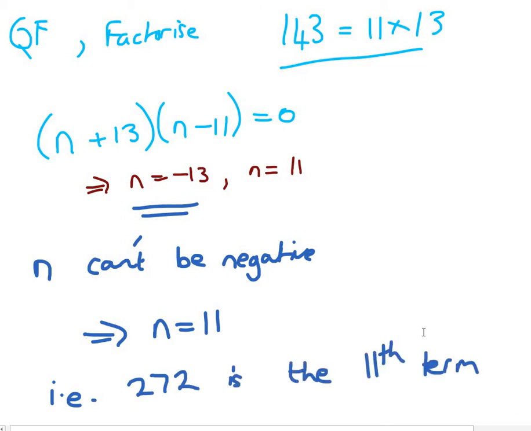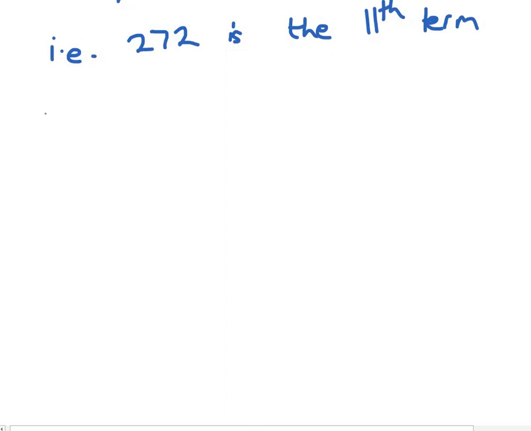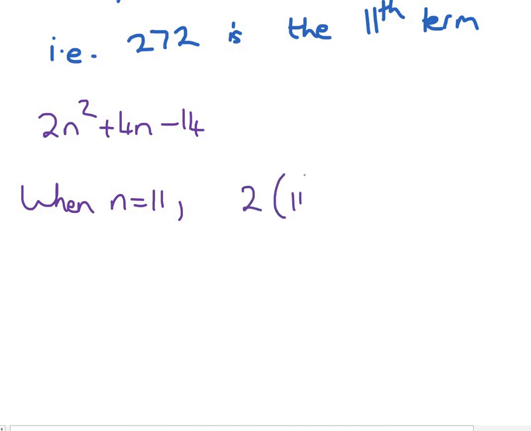Right, and if you really wanted to be rigorous and check this, you could substitute n equals 11 into our nth term. So I'll go ahead and do that. So if you remember, our formula was 2n squared plus 4n minus 14. So when n equals 11, we get 2 lots of 11 squared plus 4 lots of 11 minus 14.